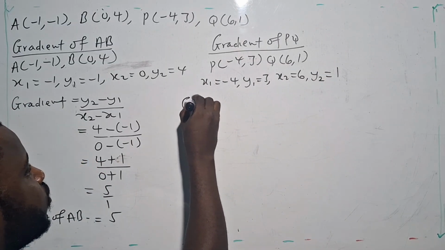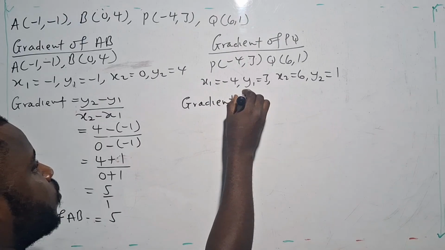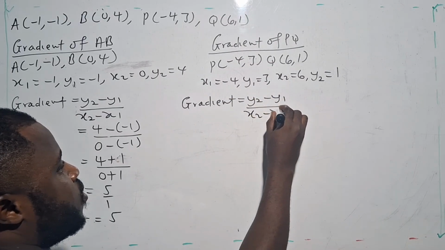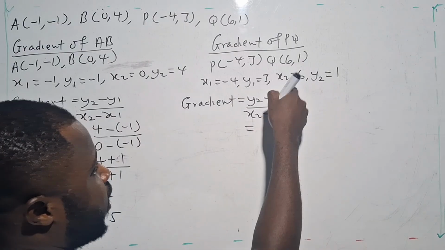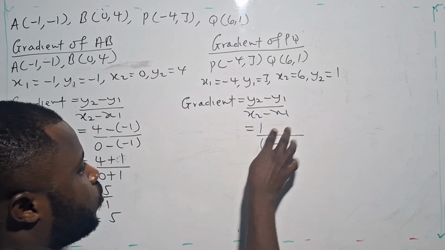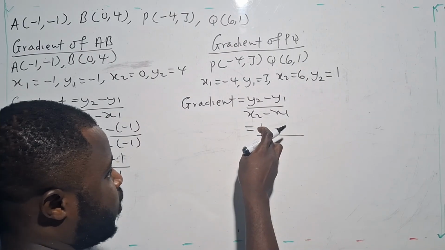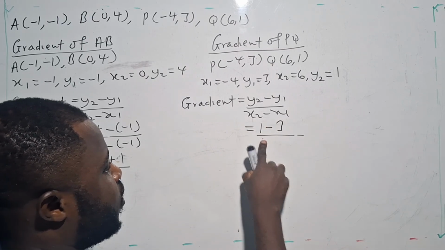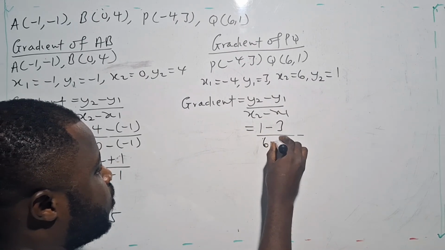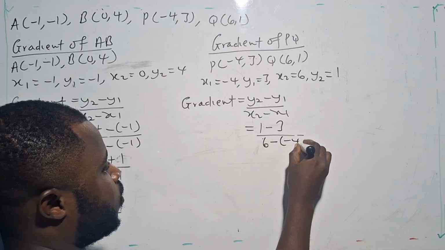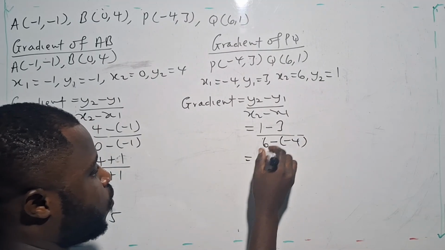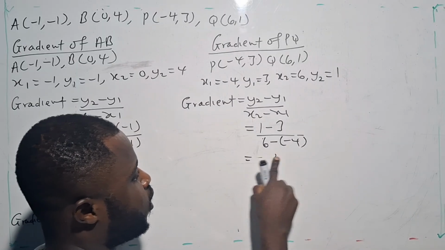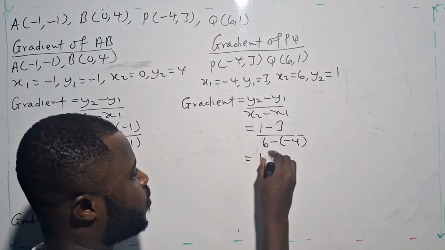So gradient is y2 minus y1 over x2 minus x1. Now y2 is what? 1. y1 is 3. Then x2 is 6 minus x1, negative 4. So the top one will give me negative 2, 1 minus 3.